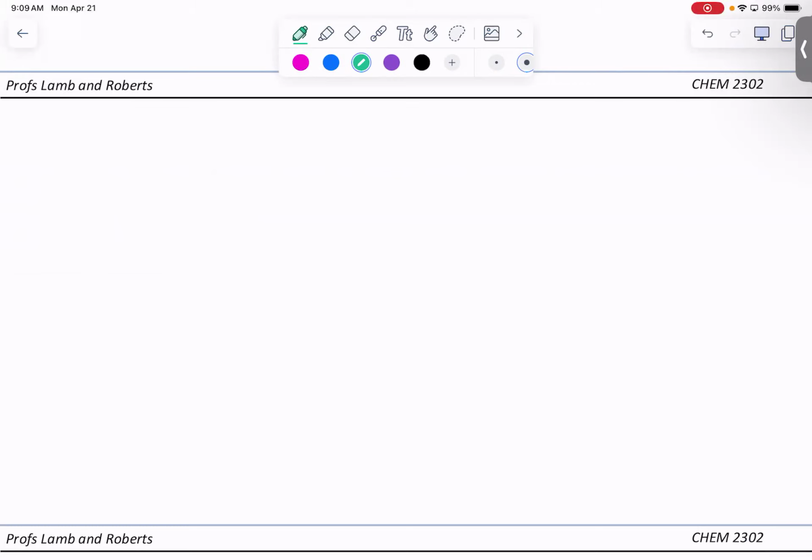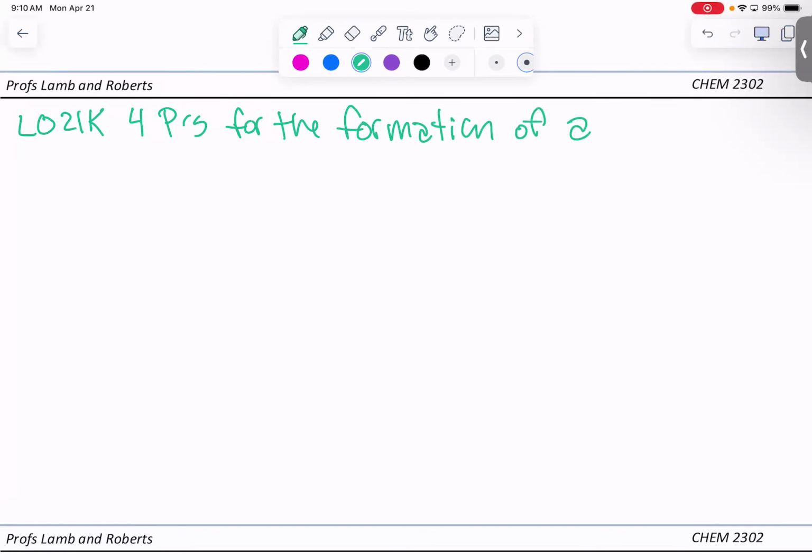Our first learning objective is learning objective 21K. We're already into chapter 21. This is the last day of chapter 21, then we'll move into chapter 22 about amines next on Wednesday. All right, so this is a 4P, so we'll learn about the mechanism of this. And this is for the formation of alkyl halides.